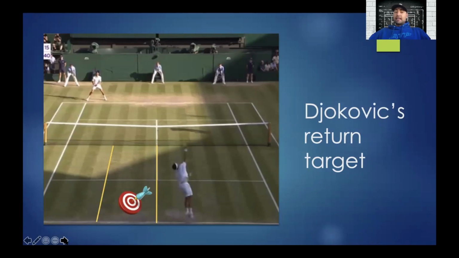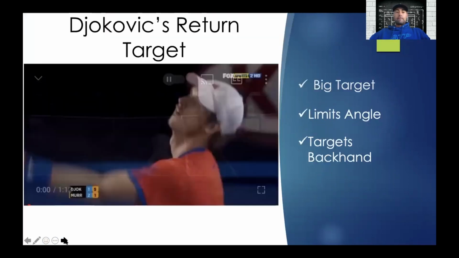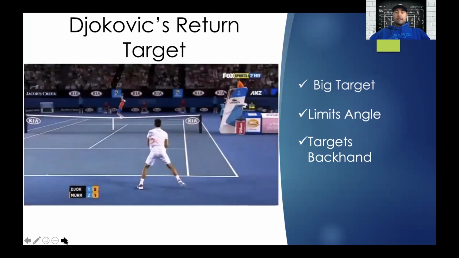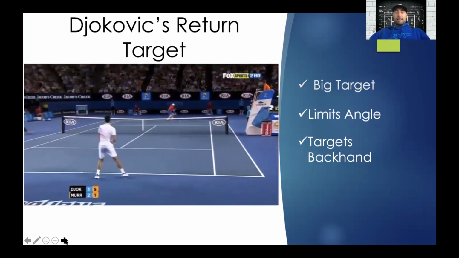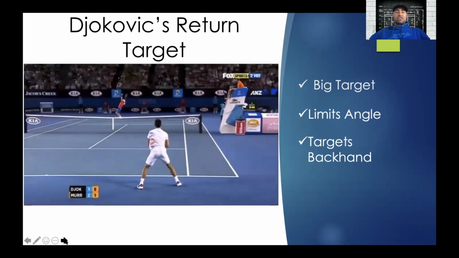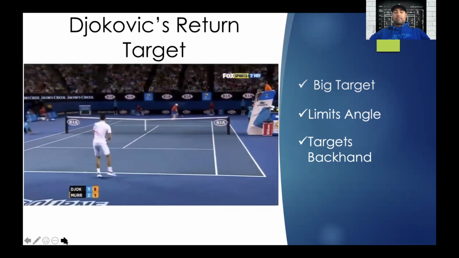Also, if the ball is deep, he's going to push Federer behind the baseline, which increases his ability to get a short ball and decreases Federer's ability to get on offense and get inside the baseline after his serve. So we're looking at Djokovic's return target here in a video. This is against Andy Murray, and you'll see this here in the video playback where he targets Murray and he catches him in his recovery out of the serve to the backhand side.